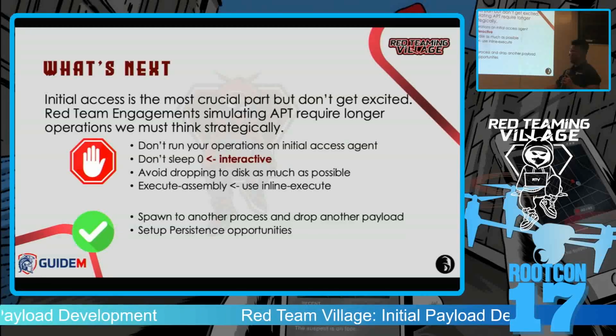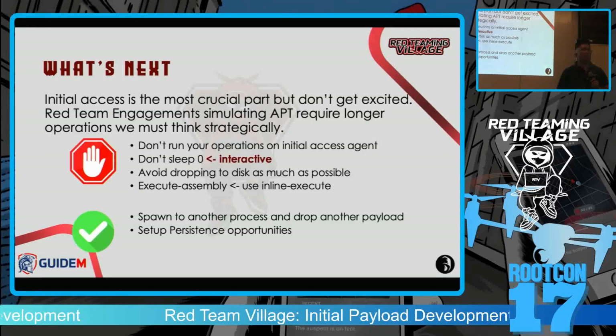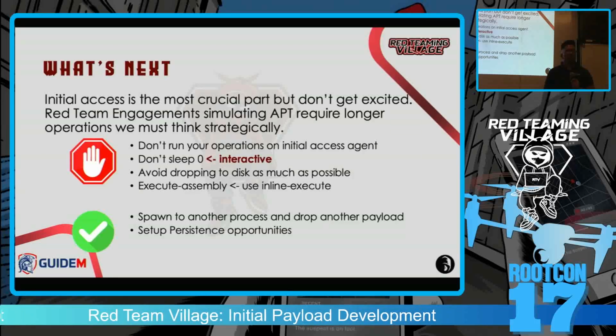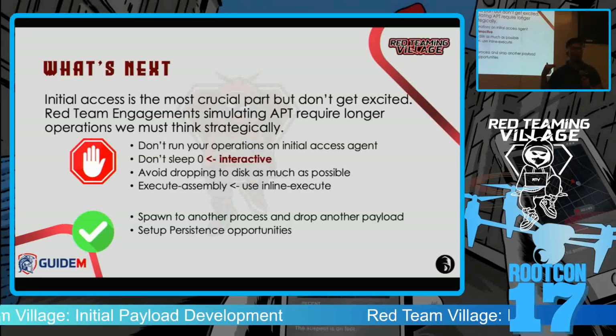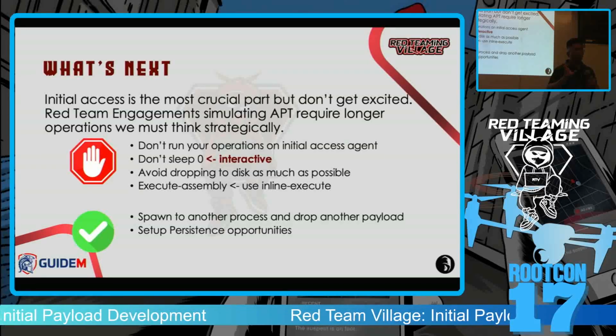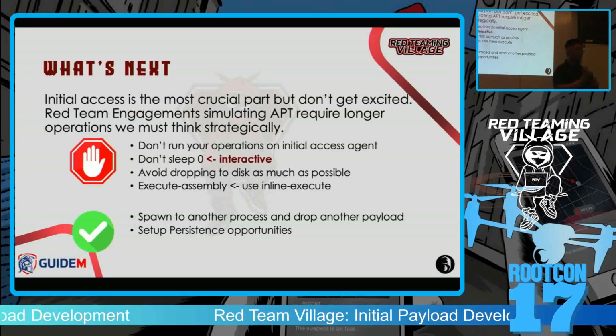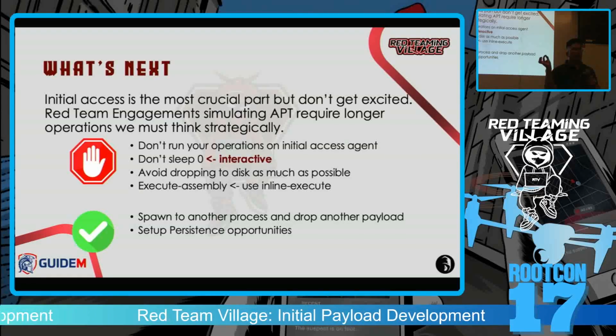So, first, do not run your operations on your initial access agent. If your initial access agent has been detected by web proxy or web filters and is waiting for analysis, then they can connect that one.